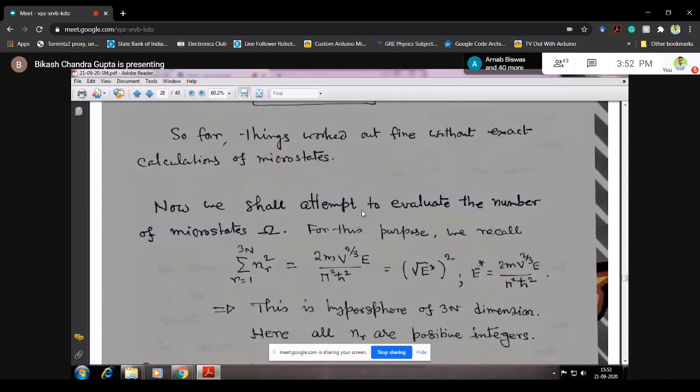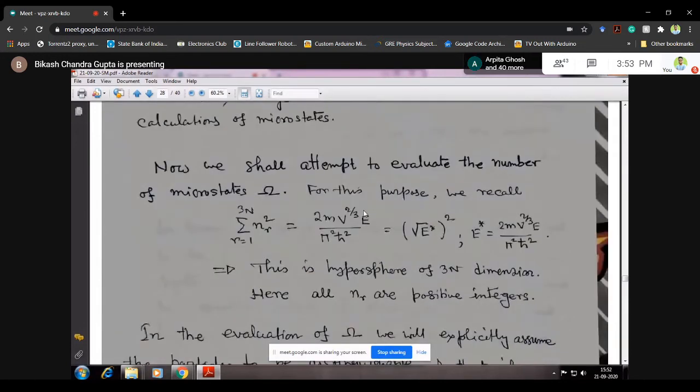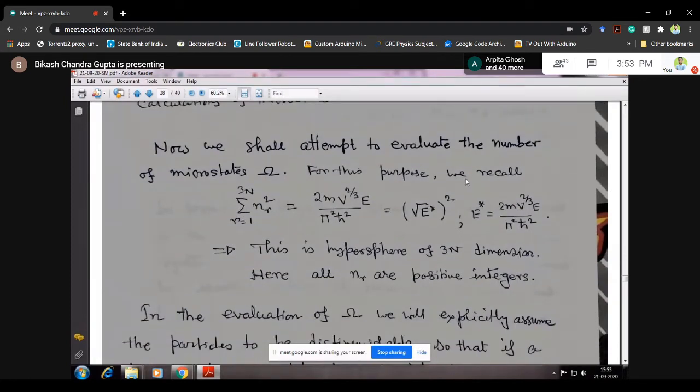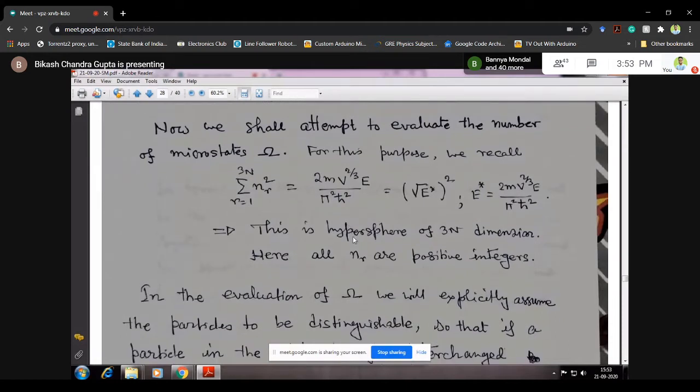Now we try to evaluate the number of microstates. For this purpose we recall again equation 2. You remember equation 2? This is equation 2. Now this, as I said, is a hypersphere. You can understand it is a hypersphere because it is not a 3-dimensional sphere; hyper means it is above 3, and that is why we say hypersphere.